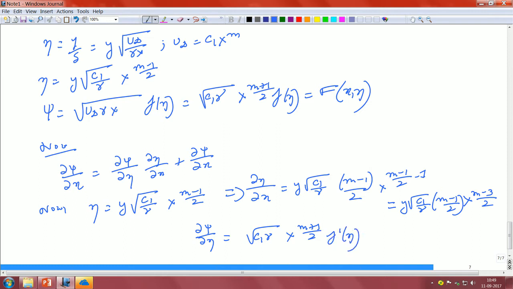Okay. Similarly, d psi by dx equal to, okay. So, this is after this, okay. So, these are the different types of transformations that we are actually doing over here, okay.